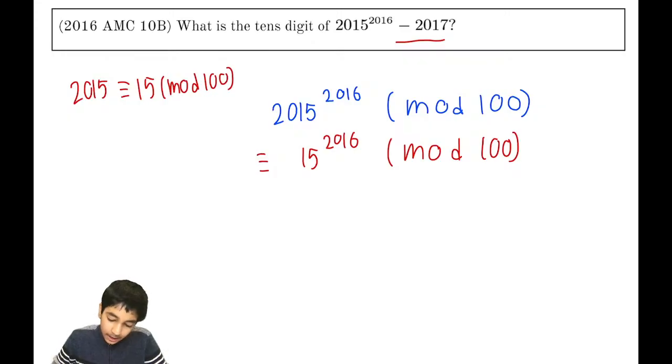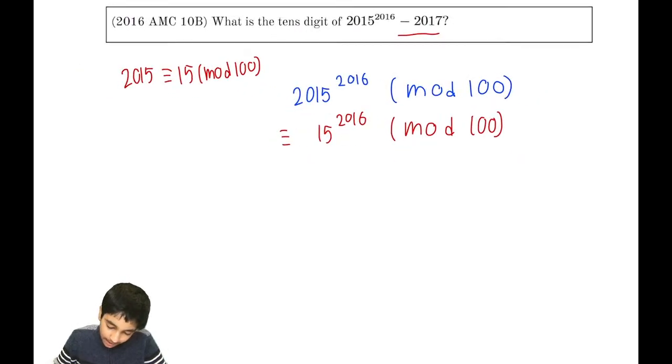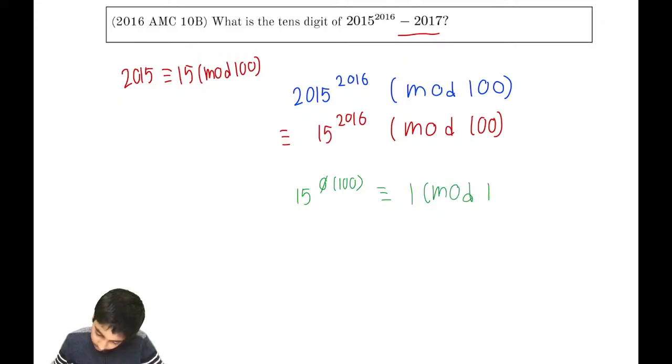So let's first do the regular solution without the Chinese remainder theorem. By Euler's theorem, we have that 15 to the power of totient of 100 is congruent to 1 mod 100. Right? This is a straightforward application. But actually, this is not true. The reason is that the GCD of 15 and 100 is not 1.